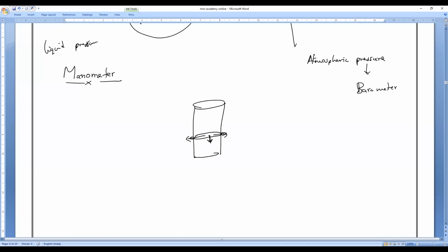It means the pressure at a given depth of the liquid is uniformly distributed in all directions. So that is called Pascal's law. Please remember, inside a liquid, the pressure is transmitted equally without any change in all directions to every other point in the liquid.